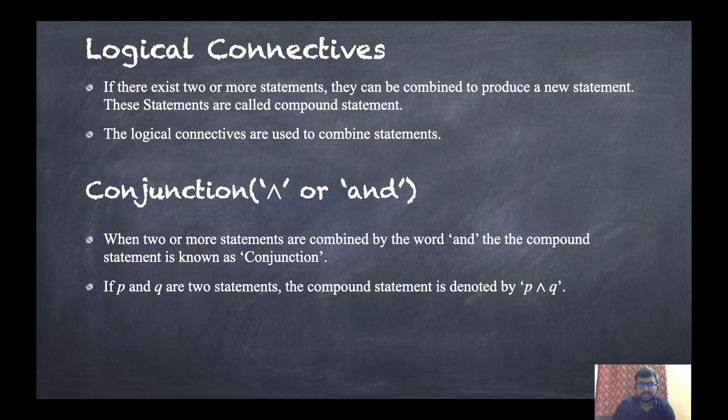If P and Q are two statements, then the compound statement is denoted by P cap Q. It is also said like this: P conjunction Q, or P and Q, or P meet Q. These are all the alternatives.